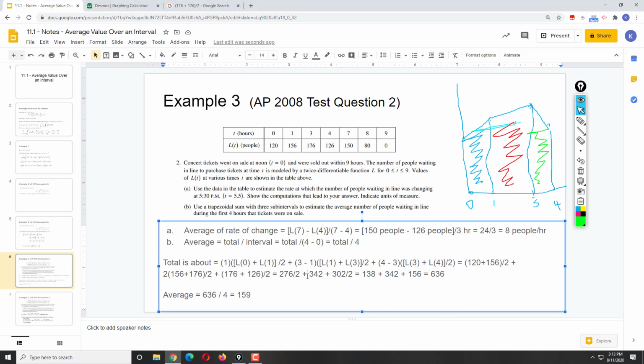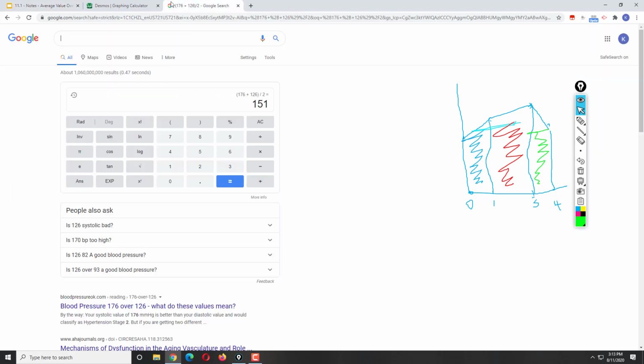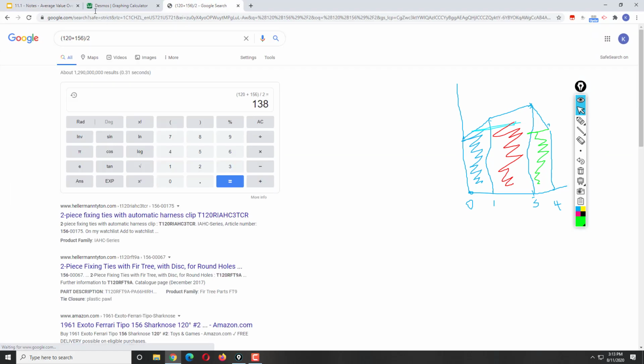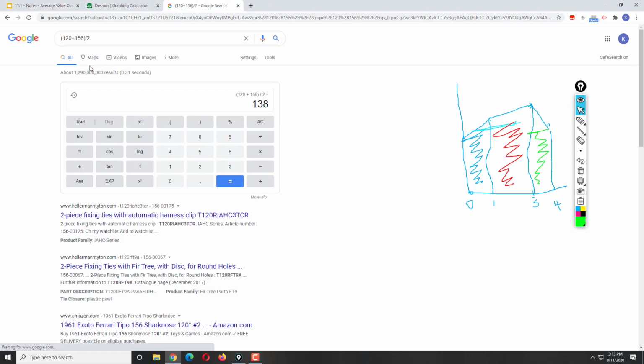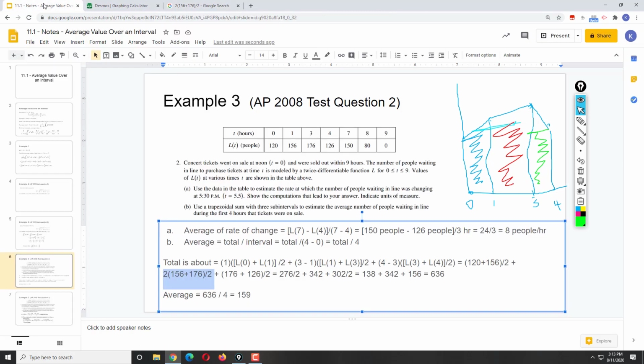Now there's a lot of arithmetic here, so I probably made a calculation mistake. On the A/B test, you can use a calculator for this, so it's a good idea to check our calculations. The first term is 138. I got it right. The next term, 2 times 156 plus 176, is 332, not 342.